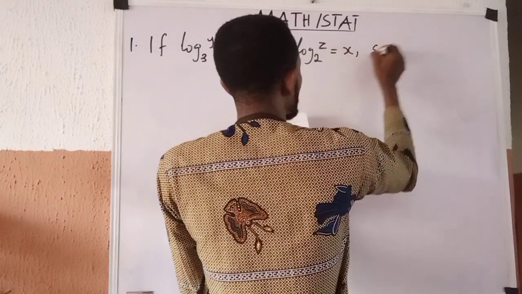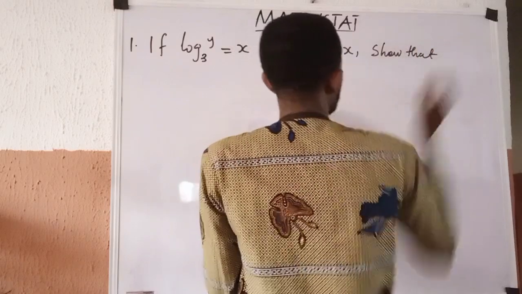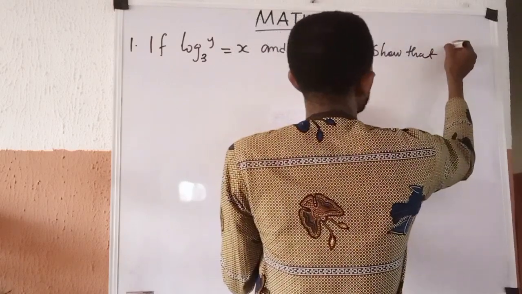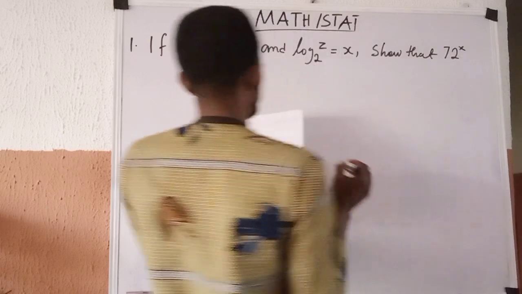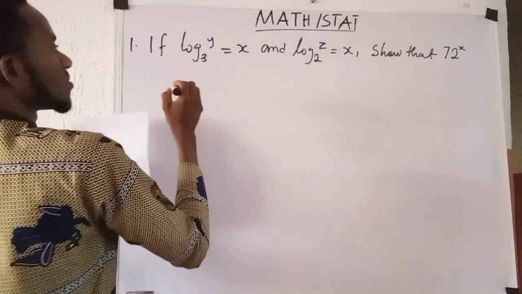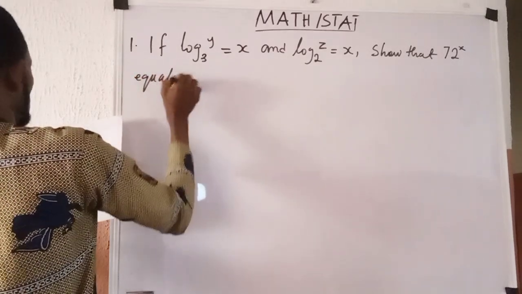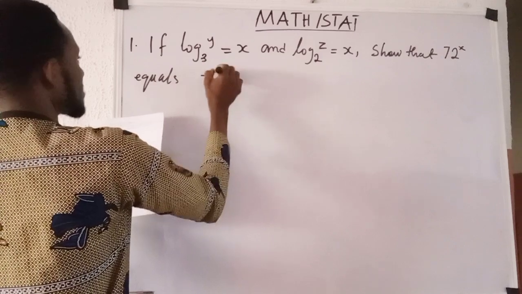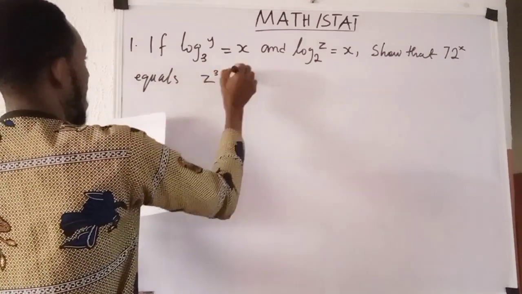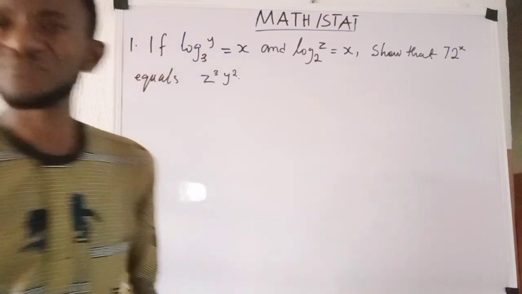Show that 72 raised to power x equals z raised to power 3 y raised to power 2. That is just the question.